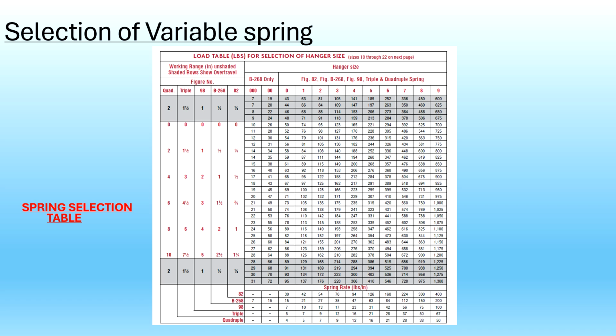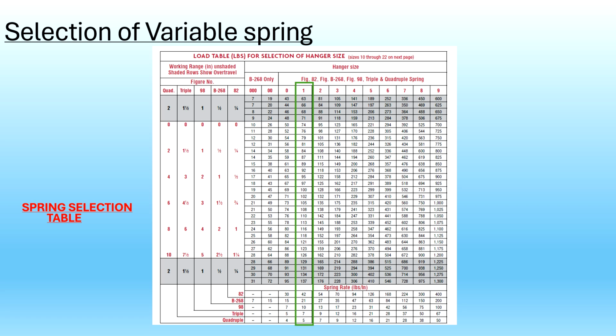Selections of variable springs. Here is the variable springs catalog provided by the vendor. You can see the loads which have been put up here, and at the bottom the spring stiffness.